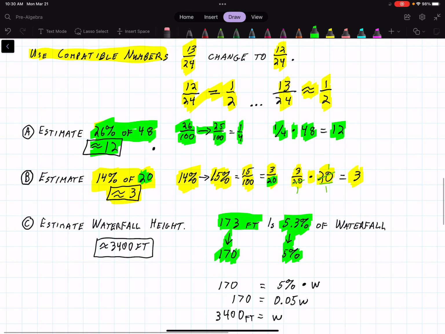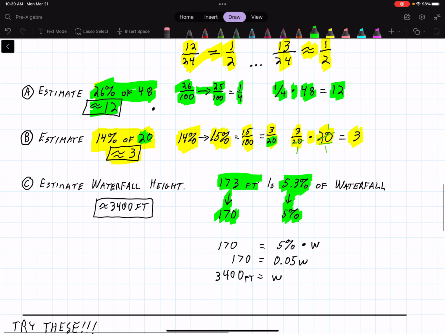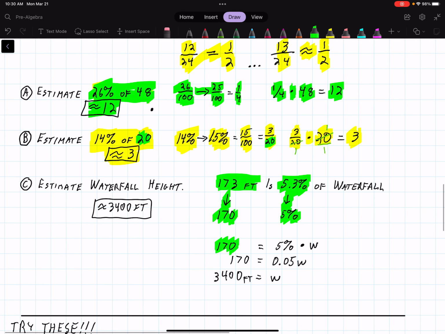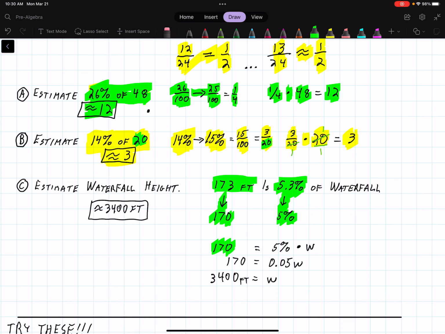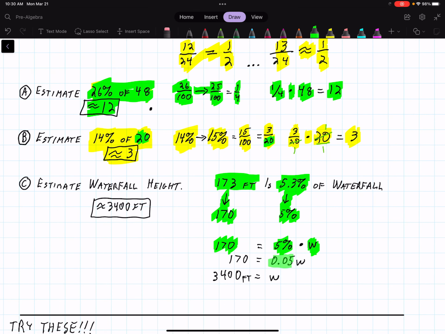So when I do that, I now have the problem of 170, which is my part, because 170 is the small part of the waterfall, and I need to find the large part, the whole. And if you remember from the other day, we just multiply times 5%, change the percent to a decimal, 0.05, times our whole, or the height of the one waterfall.